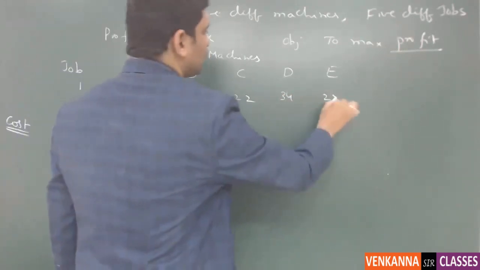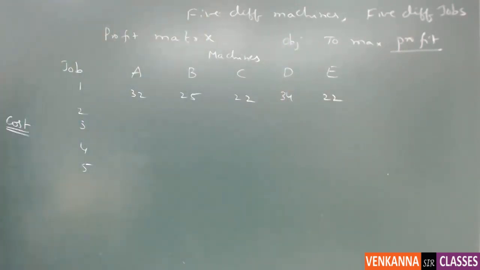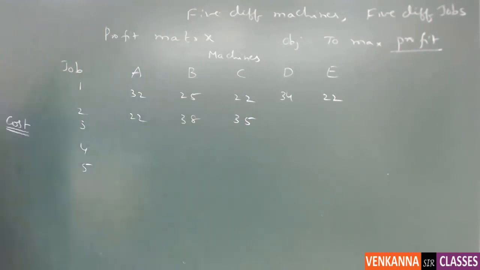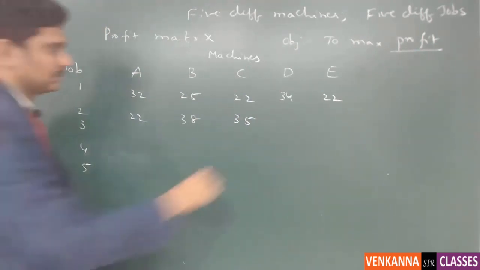So 34, 22. Then you have 22, 38, 35. And then 41, 26.